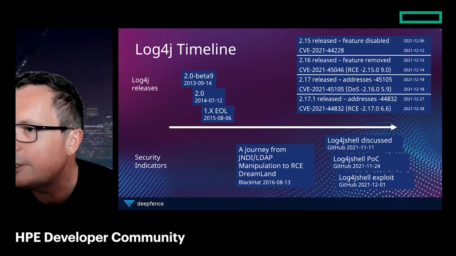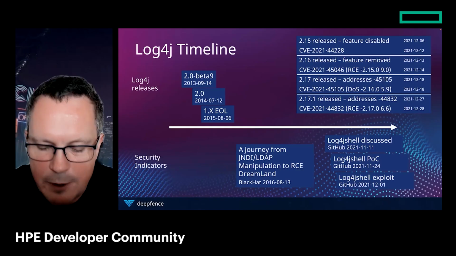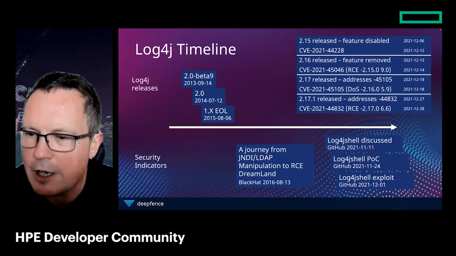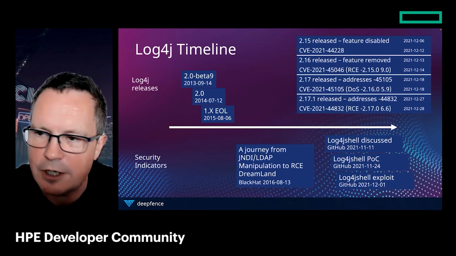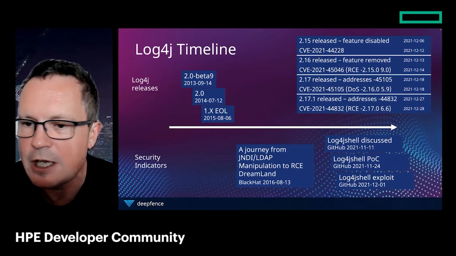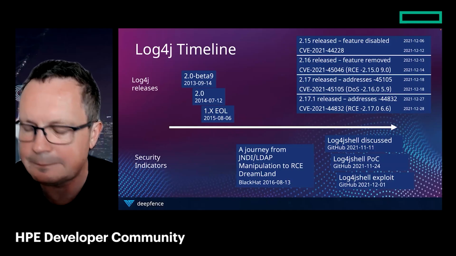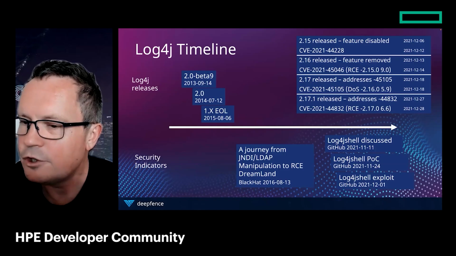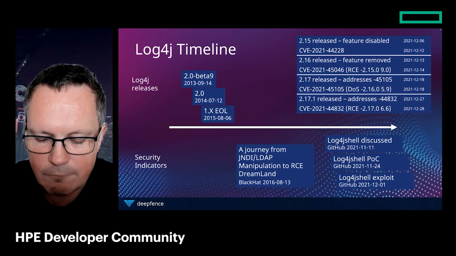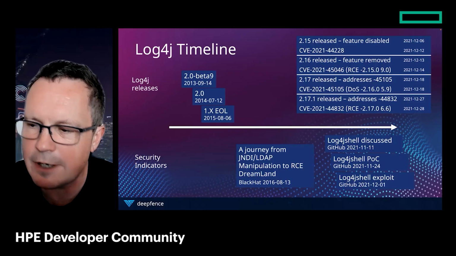It took about 3 or 4 weeks of attempts to first disable the feature, remove it, and then through further investigation, discover additional vectors for a remote code execution, the denial of service, and other remote code executions. So you saw earlier on the explanation that it can take multiple weeks to identify and patch.